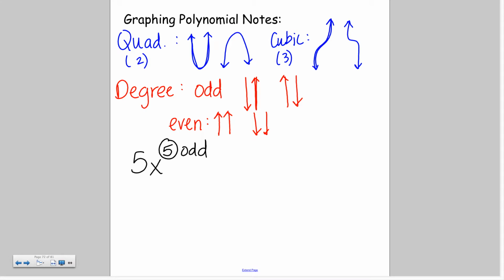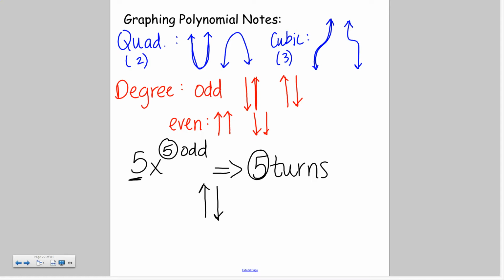So now I'm looking at this positive 5. That means it's not going to be flipped because it's positive. But that 5 degree tells me that I'm going to have 5 turns, because that's the exponent. So it's going to have 5 turns, and my end behavior is going to start high and end low, because that 5 is positive.